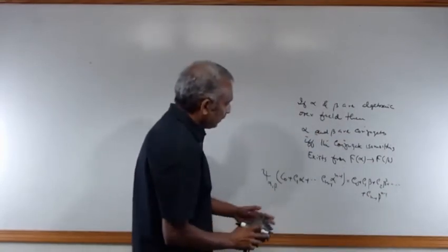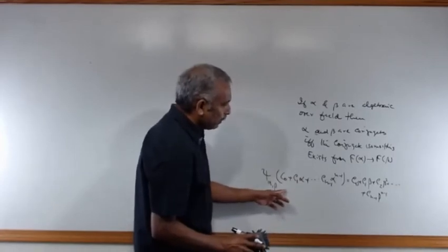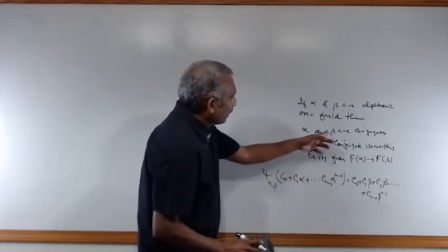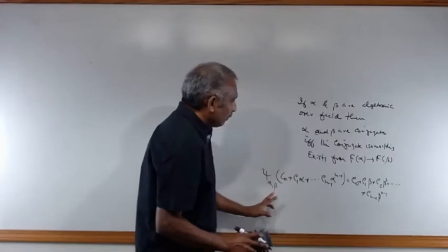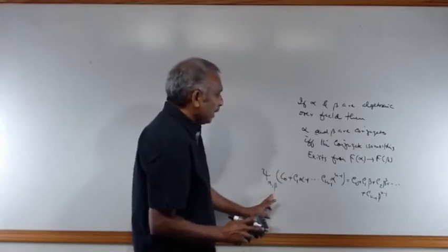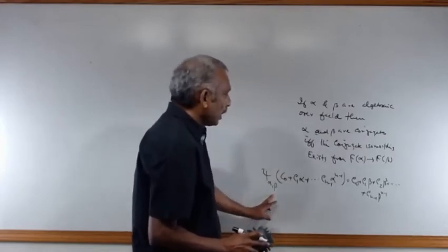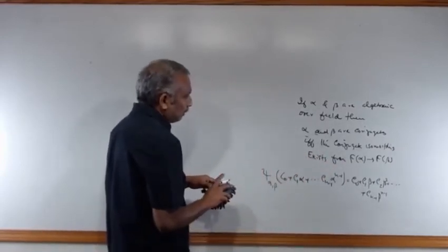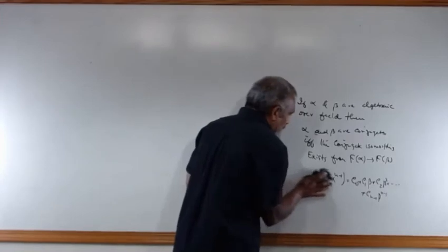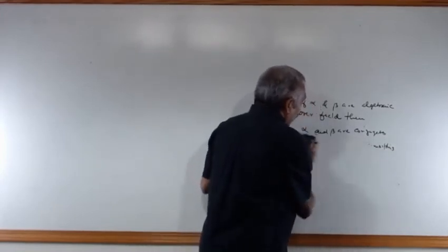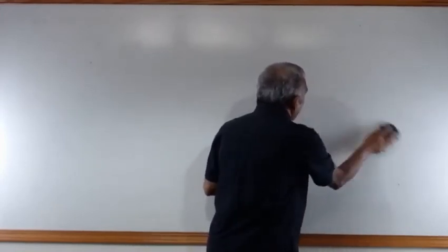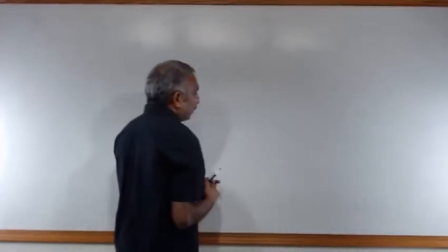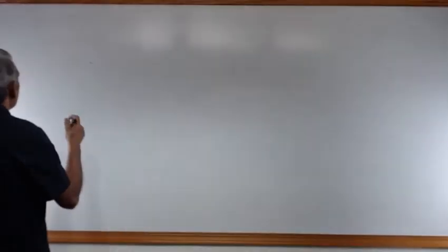So this is the definition of conjugate isomorphism, and if alpha and beta are conjugate, then a conjugate isomorphism exists. This is a result which we have been talking about in the last class. We'll do an application of this conjugate isomorphism.